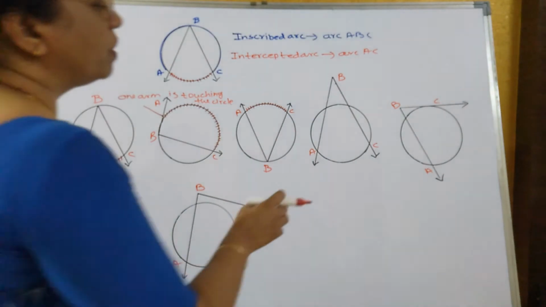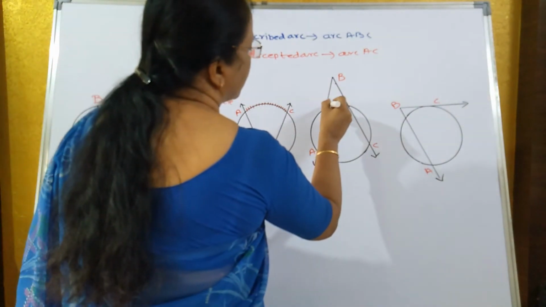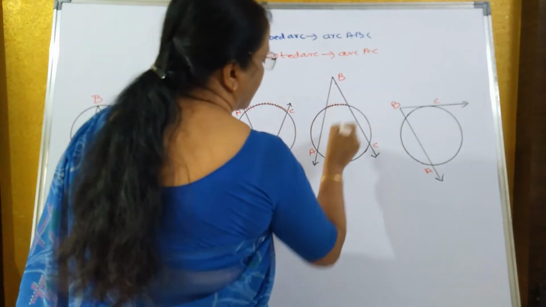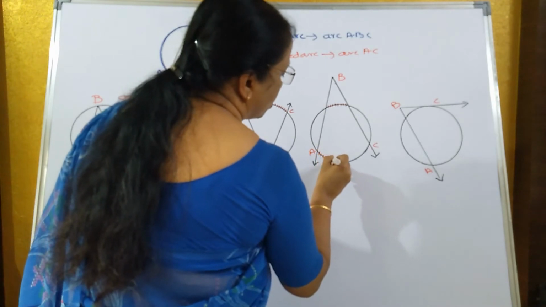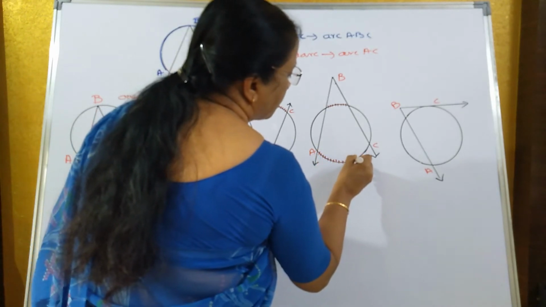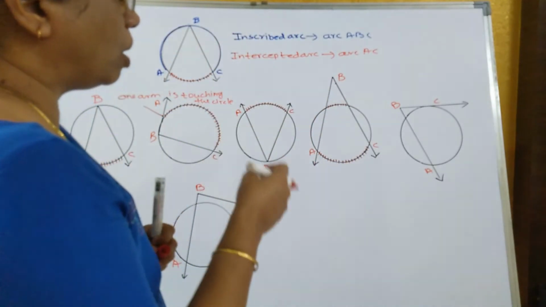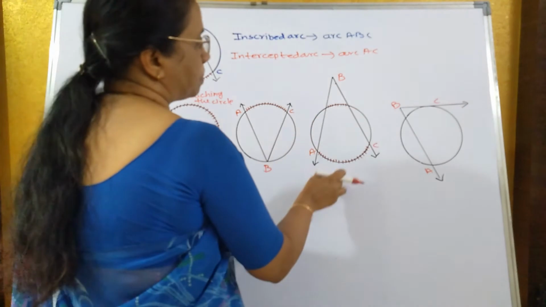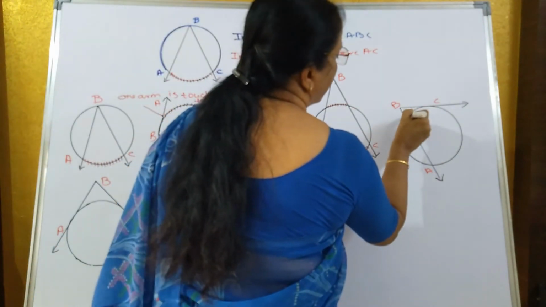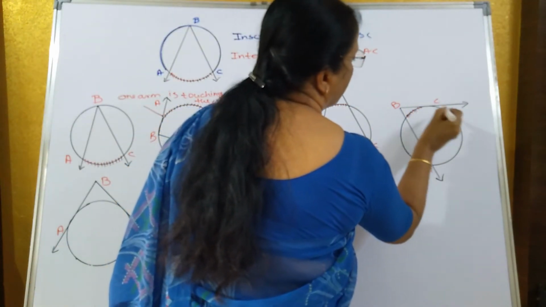Over here there are two intercepted arcs. One is over here and the other one is below. So in this there are two intercepted arcs. If the vertex B goes outside the circle, then there will be two intercepted arcs. Here also there are two intercepted arcs, and this is the second one.